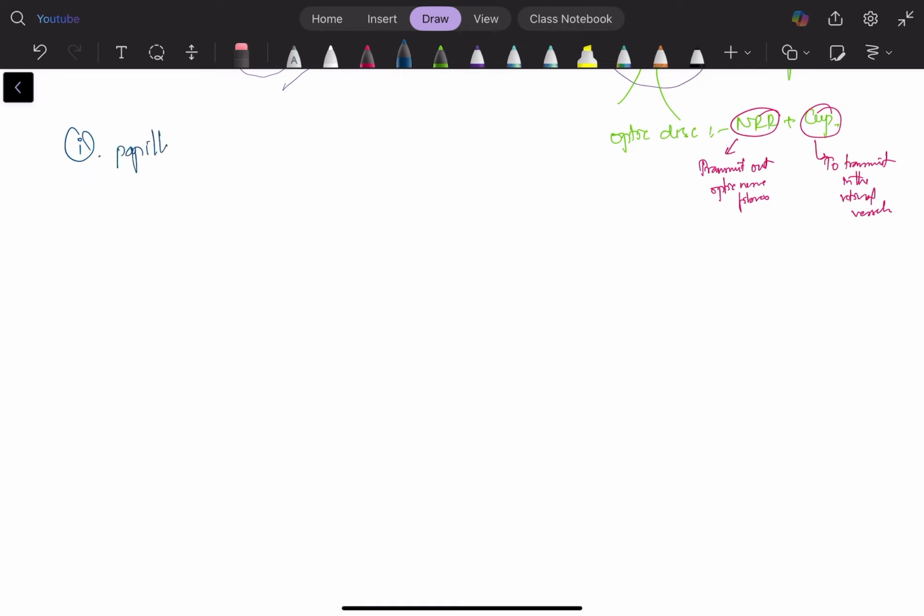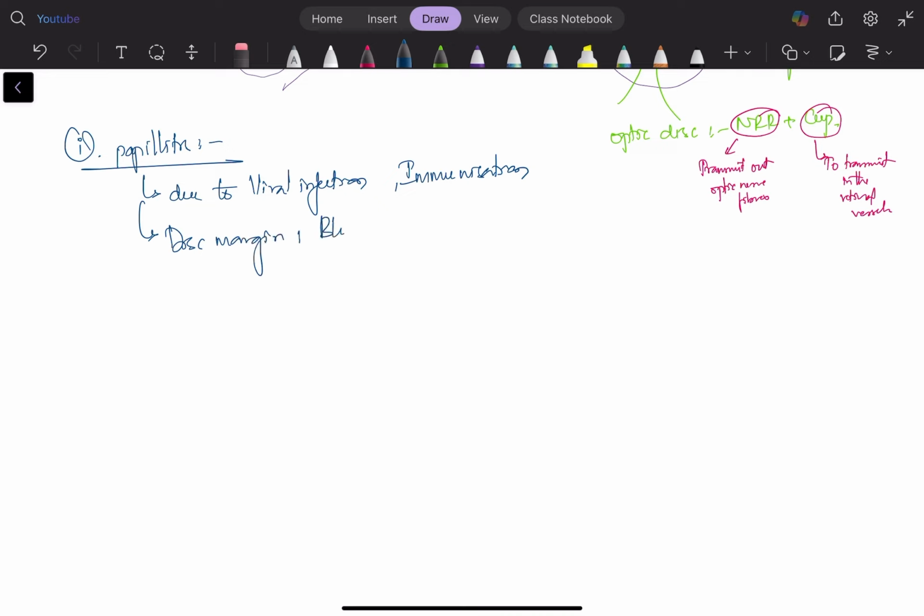Papillitis. I said it is due to viral infection, or it may even be due to immunization. Coming to the disc margin, it will be blurred.